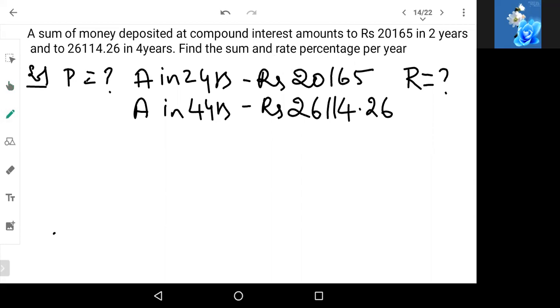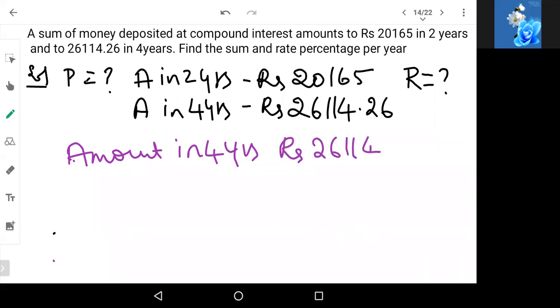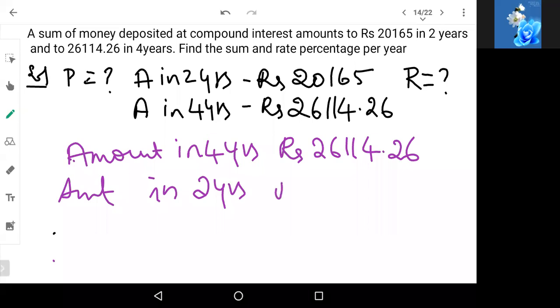Now moving on to the solution part, all this is given to us. Okay, now let us start with the solution. Firstly, we will find the difference between these two amounts. Okay, so amount in 4 years was how much? 26,114.26, and amount in 2 years is rupees 20,165.